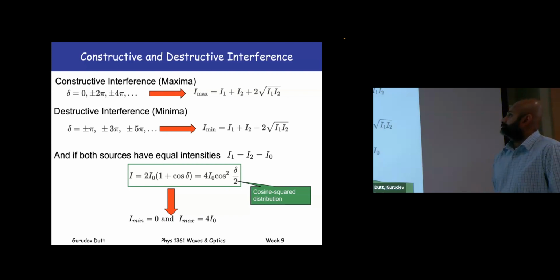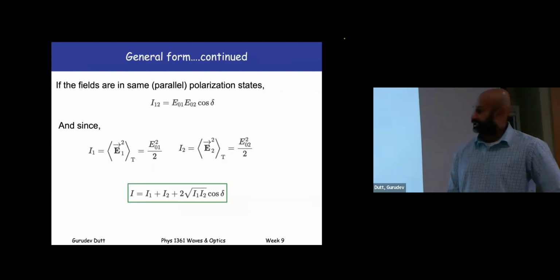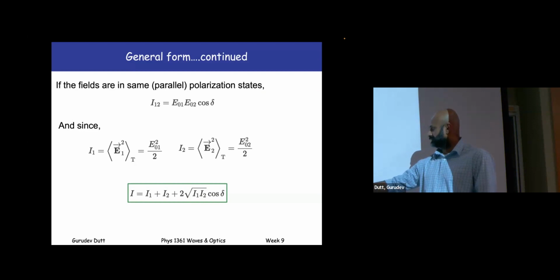I'll just keep going. All right, so from that expression on the earlier slide, this one over here, you can see when delta equals 0, or 2 pi, 4 pi, plus or minus, it doesn't matter, this cosine delta will be 1.